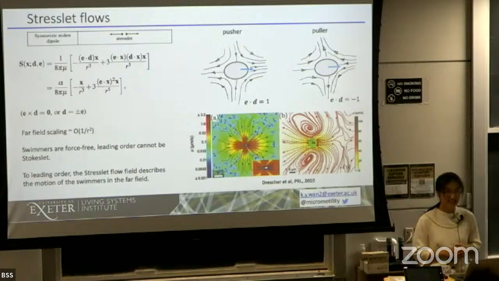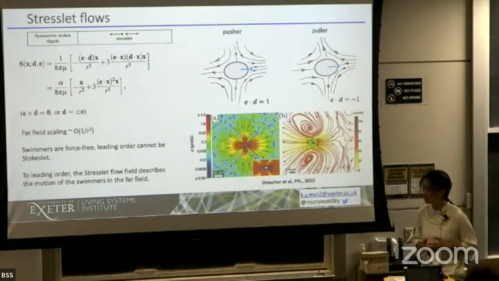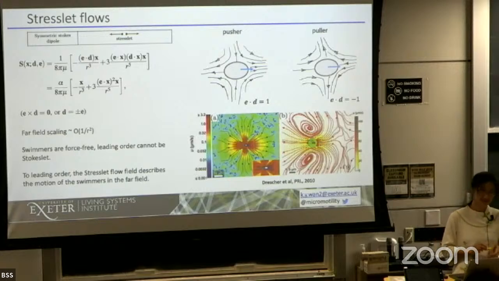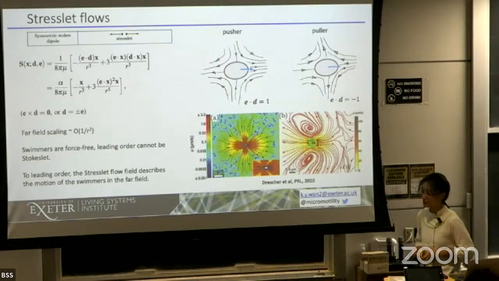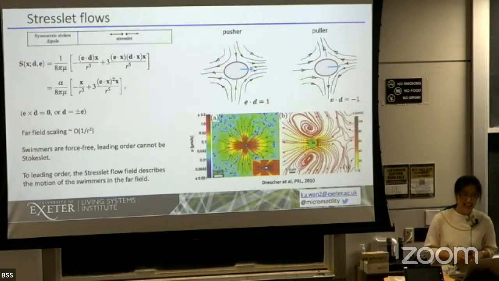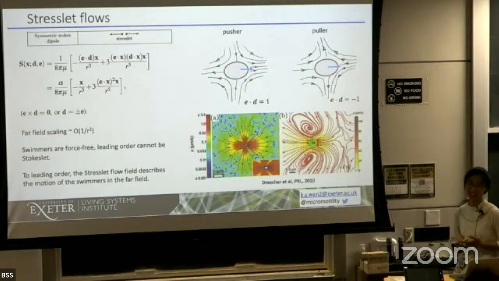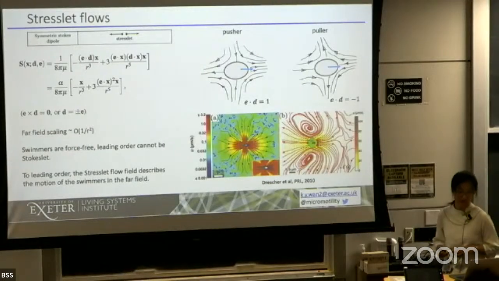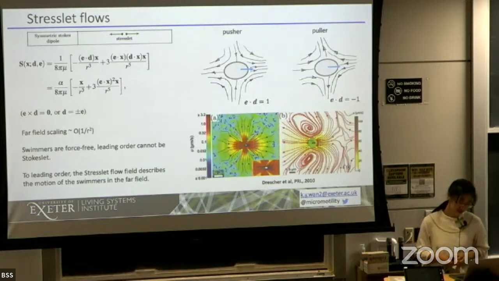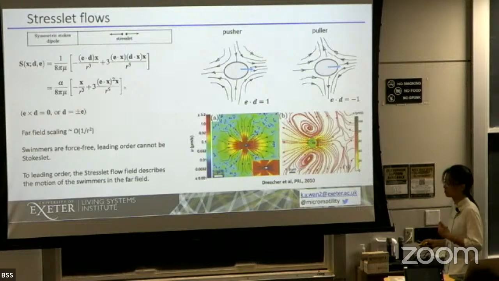But I think it's definitely the case that in most biological swimmers, they are never going to be exactly described by one or the other type of flow field. But they can come quite close, especially in the far field. Using this particle image velocimetry technique that I mentioned before, it's actually possible to measure the flow patterns generated by different types of swimmers.